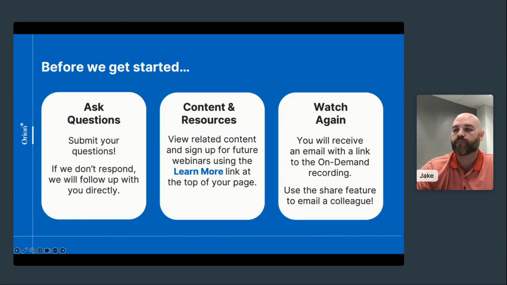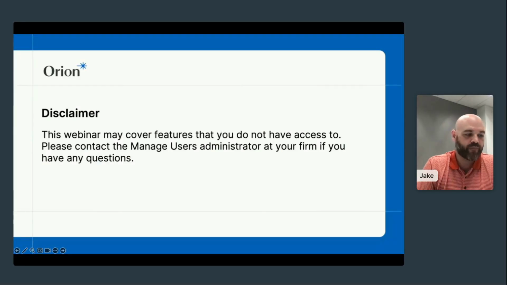The last thing to review before we get started is that there might be some things that you see on my screen or my system in Eclipse that you may not have access to. There are 2 potential reasons. One is that you may just not have access to it in your database, so you want to check with your firm admin and see if you have a lower permission level.